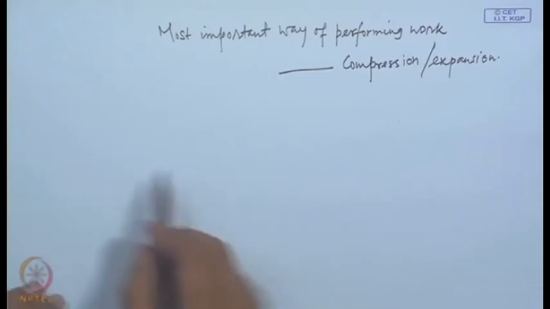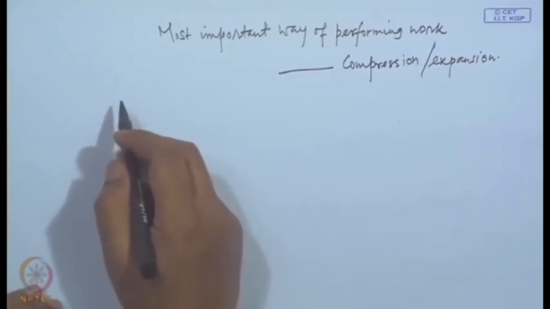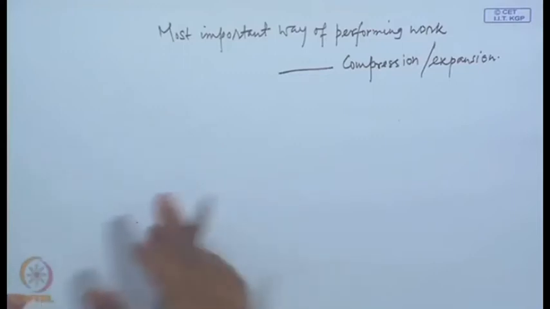And an analytic expression for this work is possible if the changes are made in such a way that the system passes through a succession of equilibrium states, that is, the system is always in some equilibrium state.